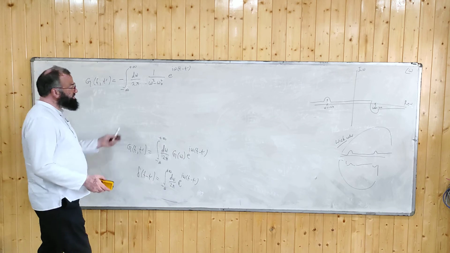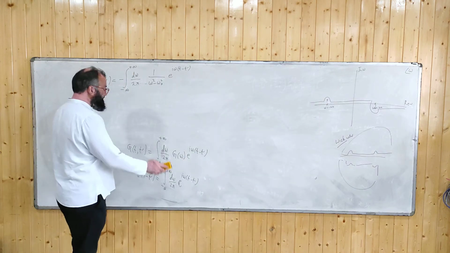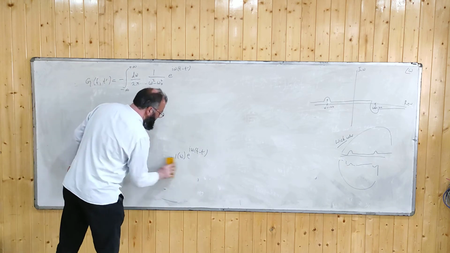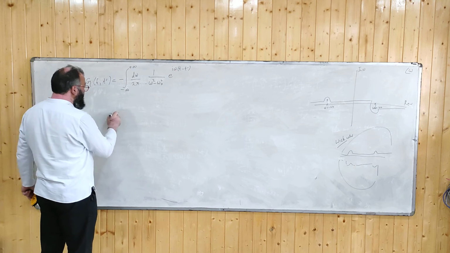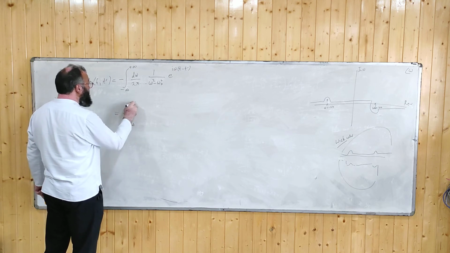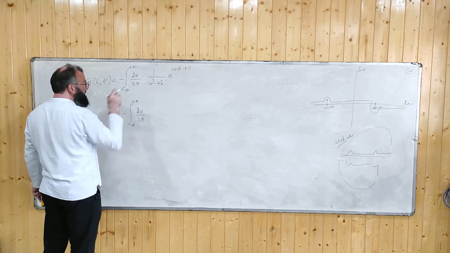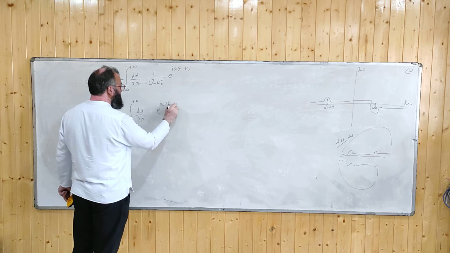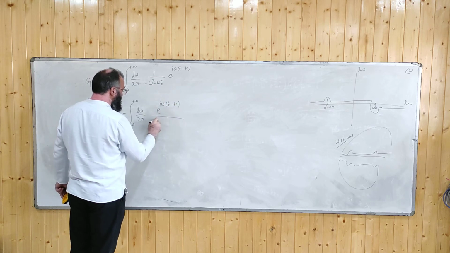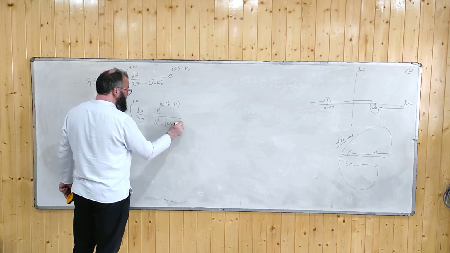Now let's do the integration of this very thing along this very contour. How to do it? I will write it like this. I will complexify this object: e to the power i omega (t minus t prime) divided by omega square minus (omega naught plus i delta) whole square.